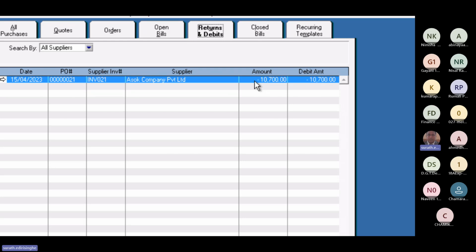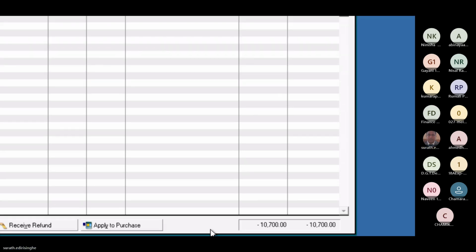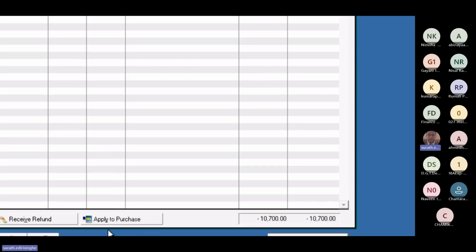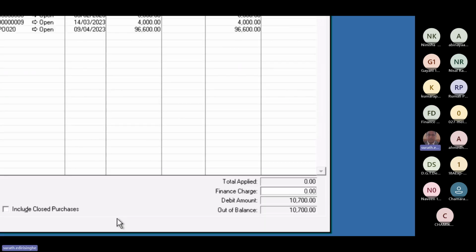Right. Then from this form, go to apply to purchase. You noted down the step, apply to purchase. So I'm teaching very slowly. Apply to purchase.